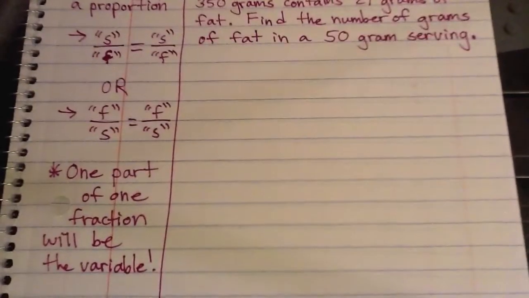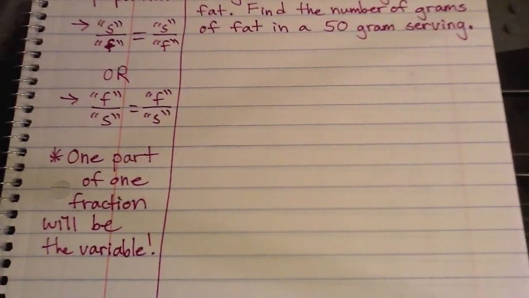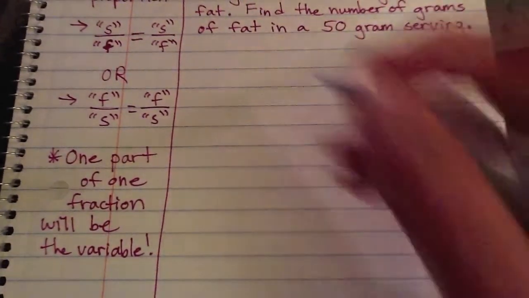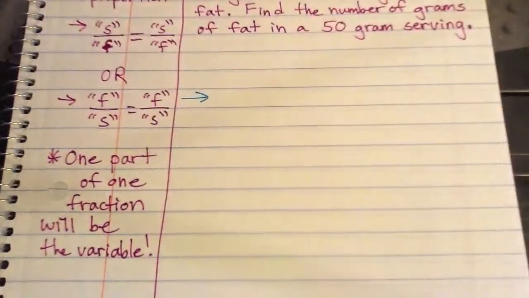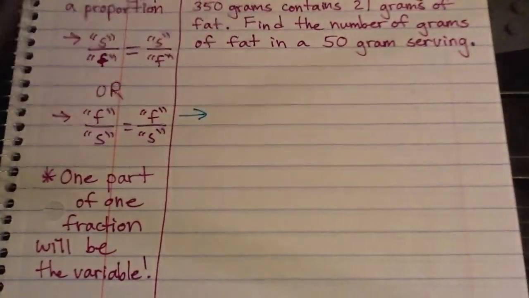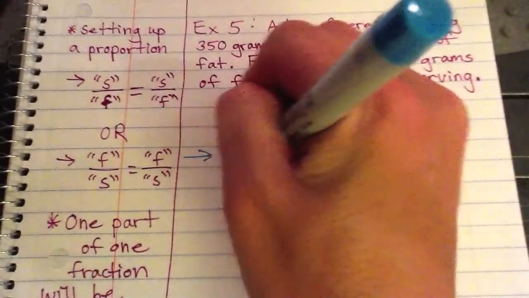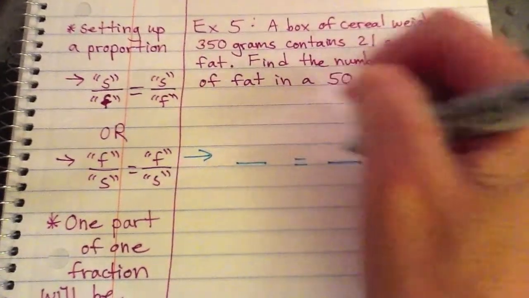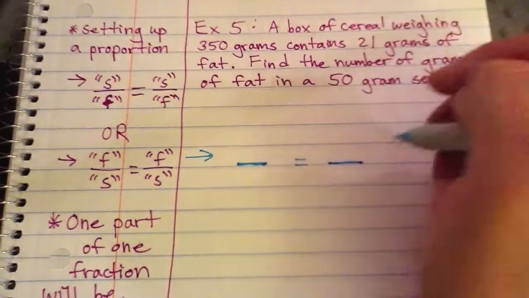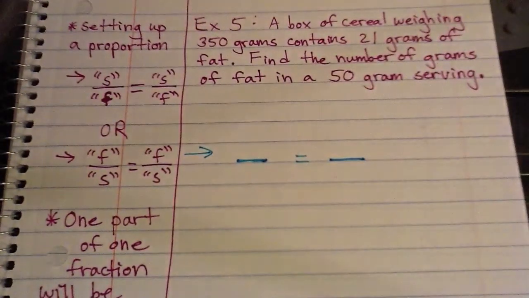So every time here you're going to be given 3 pieces of information, one is going to be missing. So let's go ahead and use this one since it's there. So look up there, you know you're going to have 2 fractions here. Something is set equal to the other thing.